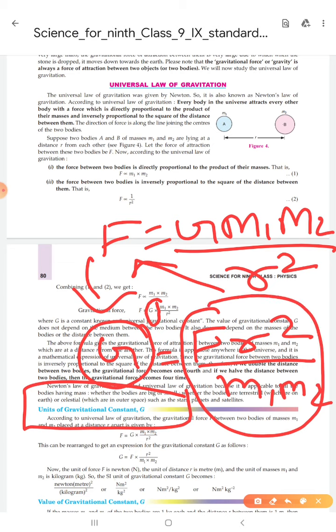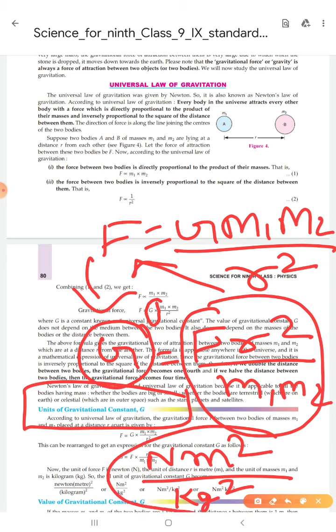Now we know the unit of all these things. As we know, the SI unit of force is Newton. R means distance, and the SI unit of distance is meter, that is squared, so Newton meter square, upon masses, and the SI unit of mass is kilogram, so it should be kilogram square.